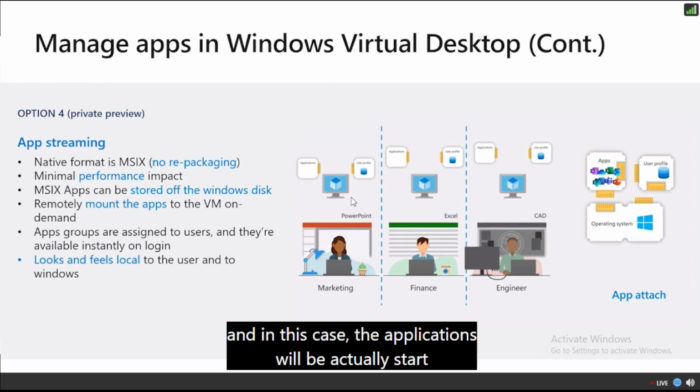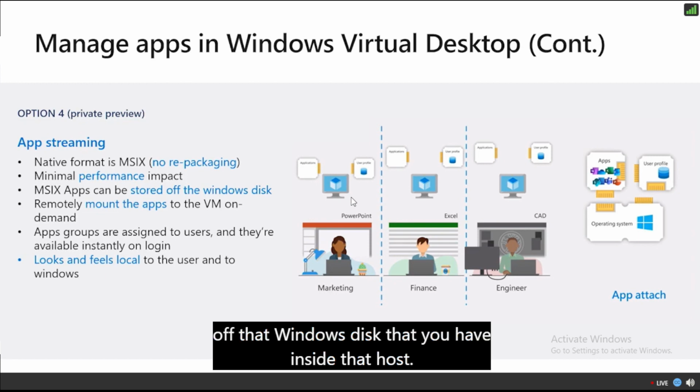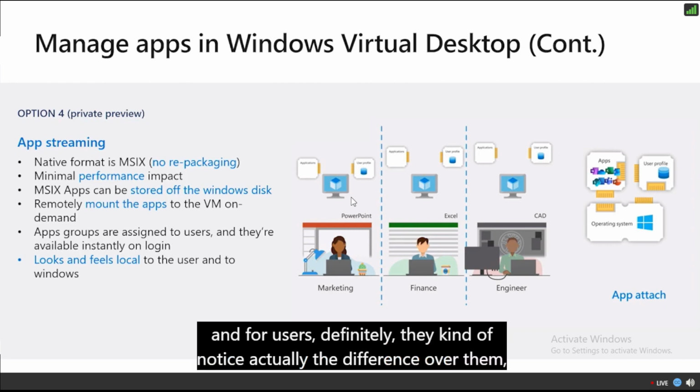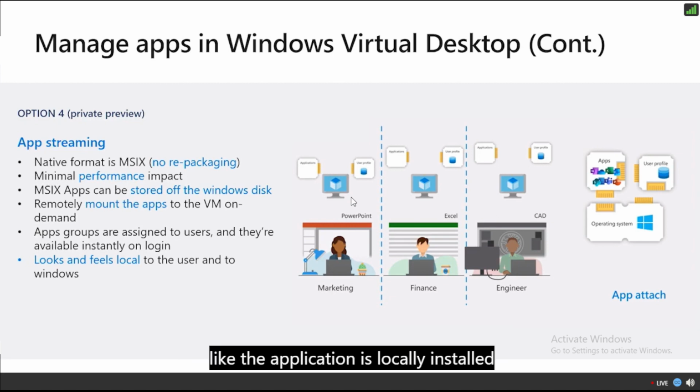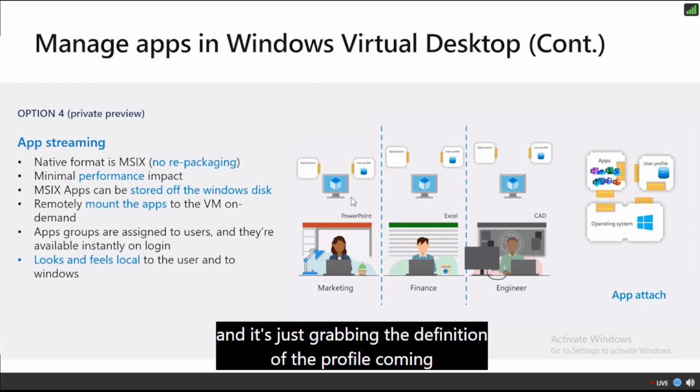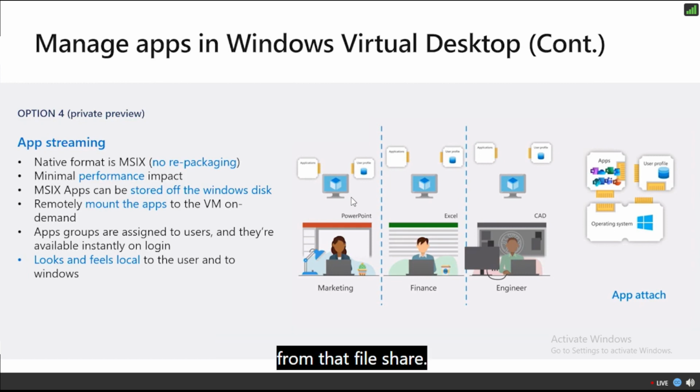In this case, the applications are stored off the Windows disk that you have inside that host. Super easy. And users definitely cannot notice the difference. For them, it's as if the application is locally installed in that environment, but behind the scenes it's streaming, just grabbing the profile definition from that file share.